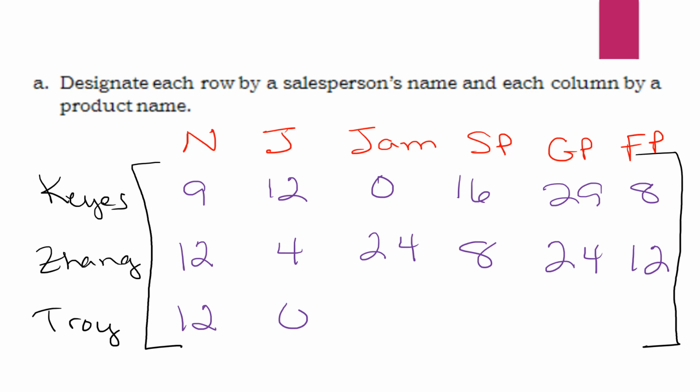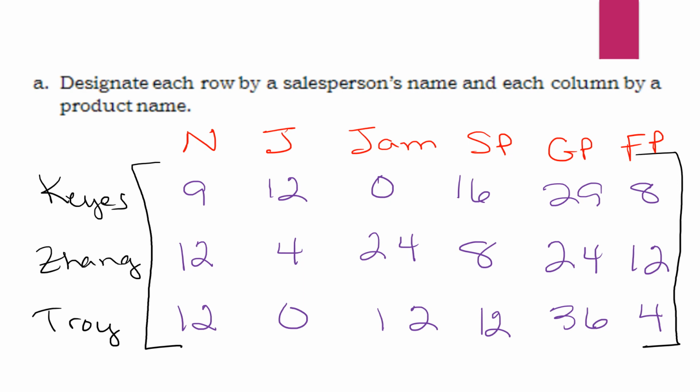He didn't sell any jerky, 12 jars of jam, 36 gift packs. Oh, excuse me, that's a mistake. He also sold 12 snack packs, 36 gift packs, and then 4 family packs. So this is just another way to represent the data.